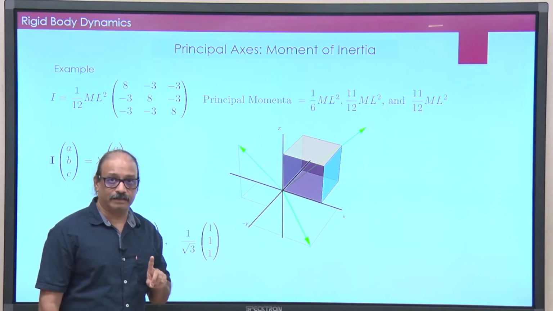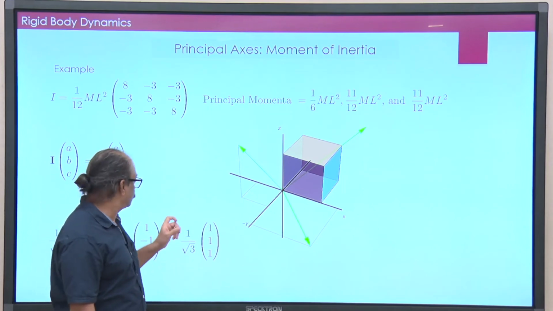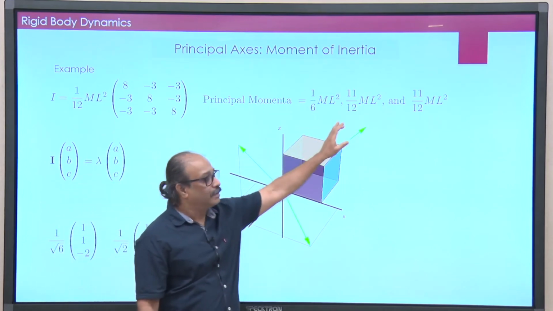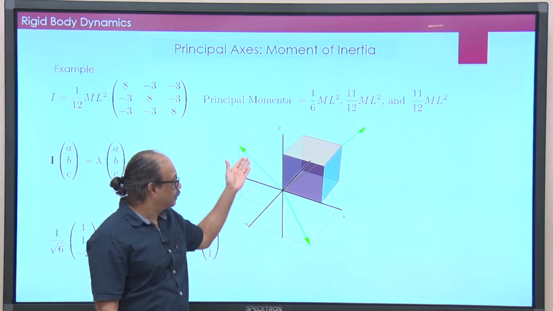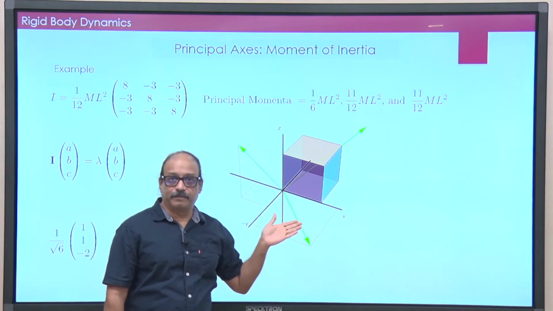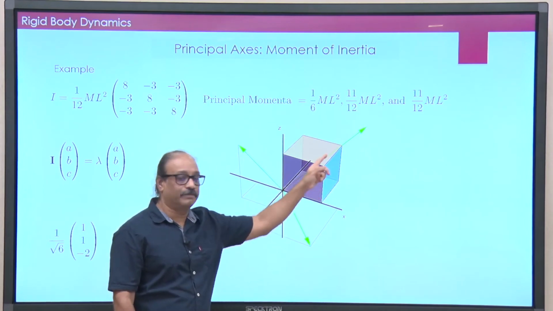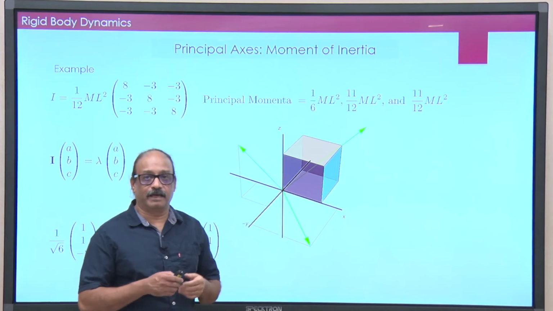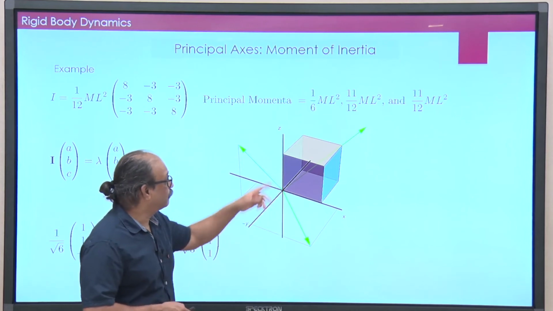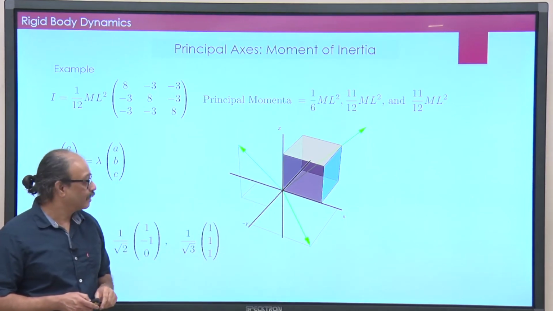The other 2 vectors, incidentally, because these 2 eigenvalues are the same, actually any vector from the plane perpendicular to the 1 1 1 vector will also be an eigenvector with the same eigenvalue 11 by 12 ml square.